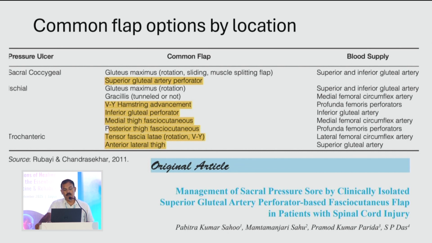This is the paper we published long back on management of sacral pressure sore by clinically isolated supragluteal artery perforators. You can check by ultrasound, locate the perforator, locate the artery, and you can design your flap. Or else, if you know the anatomical landmark, just locate the artery by the anatomical landmark, and accordingly you can prepare your flap.